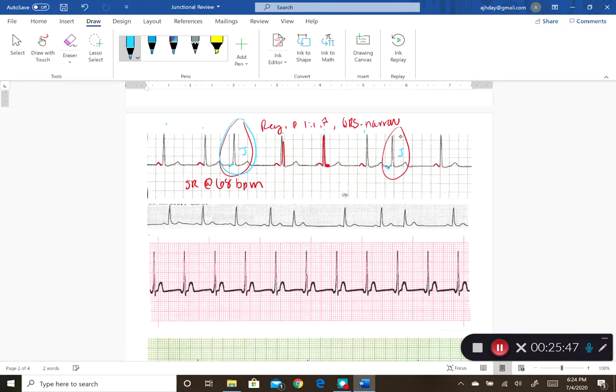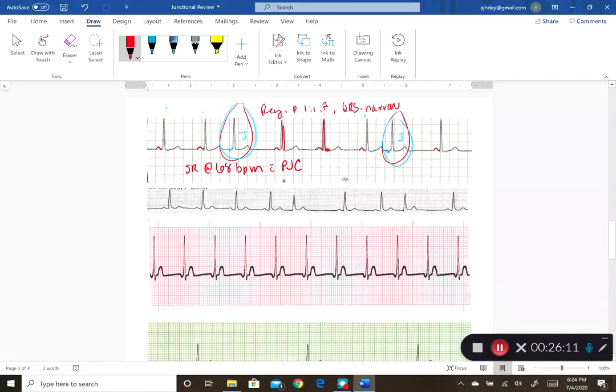Go back to nice 72 beats per minute and then another premature, early one. So we're going to call this a premature junctional contraction, or a PJC. So I have a sinus rhythm at 68 beats per minute with PJCs. What causes that is some type of irritated spot around my AV node that's firing off early.